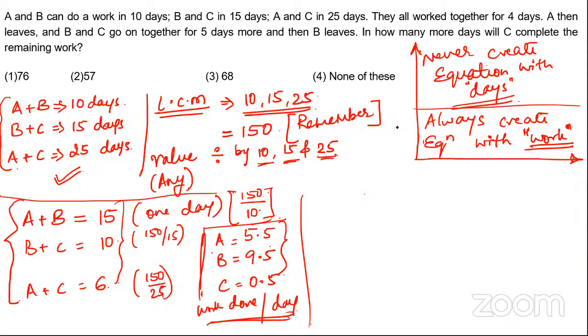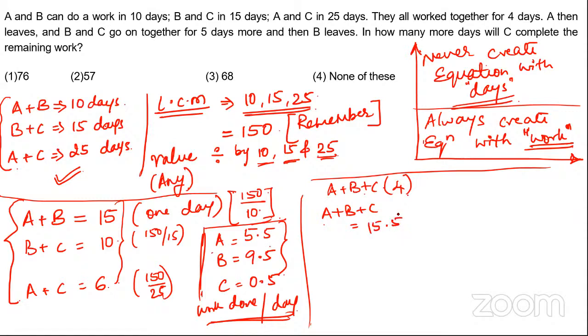Now, read the further information. Further information says that they all work together for 4 days. Who all work together for 4 days? A, B, C. All of them worked for 4 days. So can anyone tell me A, B, C together can do how many units? 15.5.